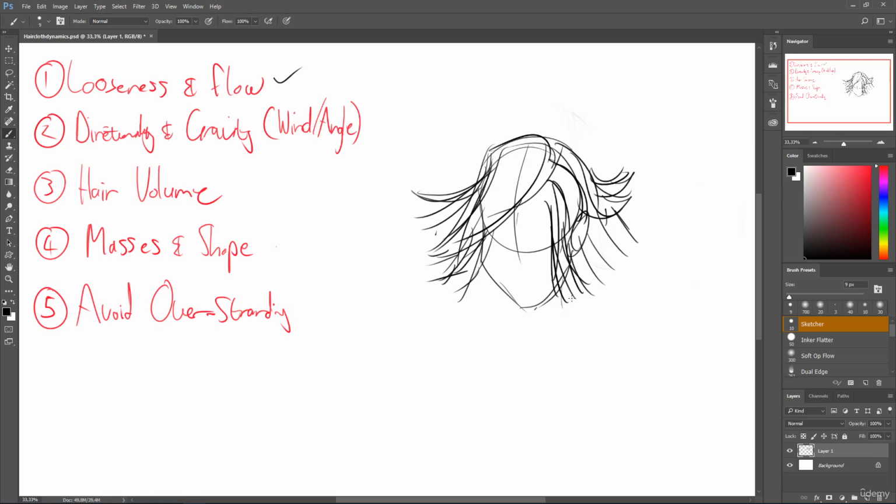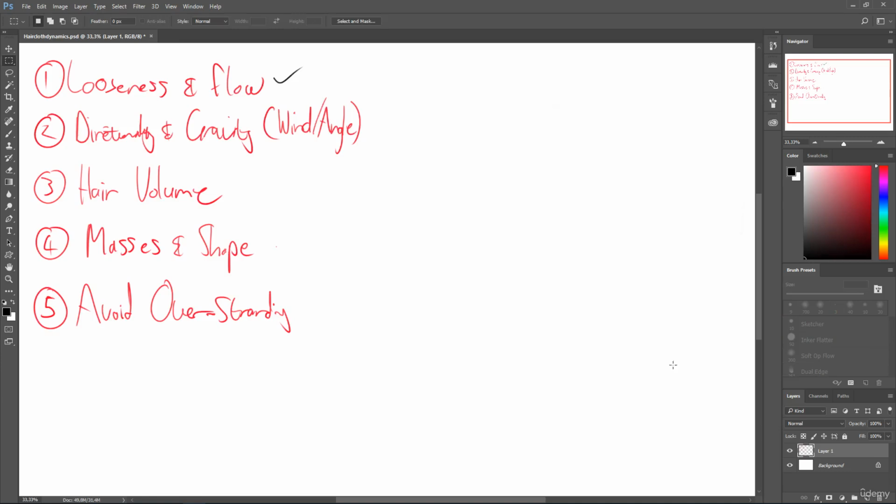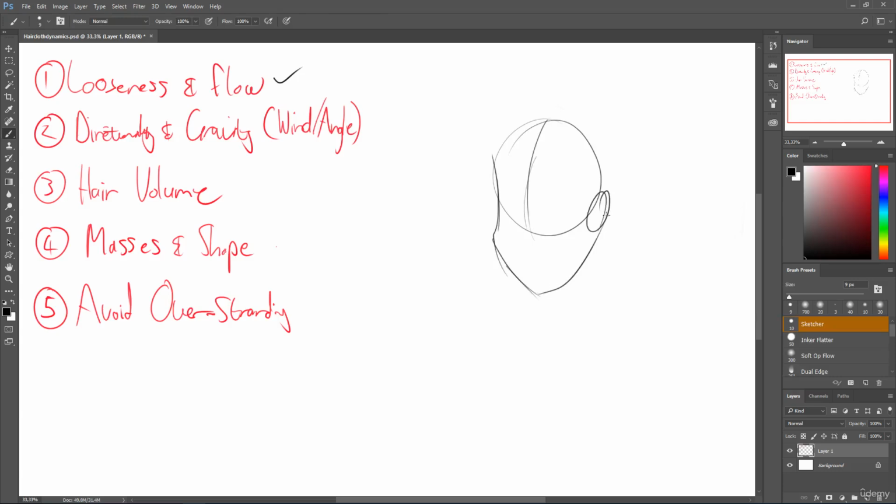Hair tends to bunch together and group together, right? And because of that, we want to focus on the masses, and then we want to imply the details of the strands. We don't want to draw in all the strand detail, okay? This is very, very, very important for you to know. We do not want to draw in every single micro strand. We want the viewer to see like, okay, cool, there's a clump of hair here.